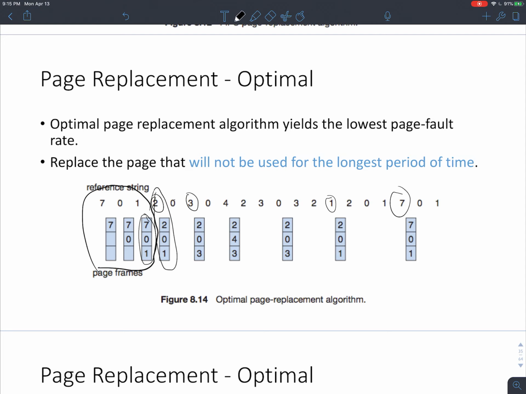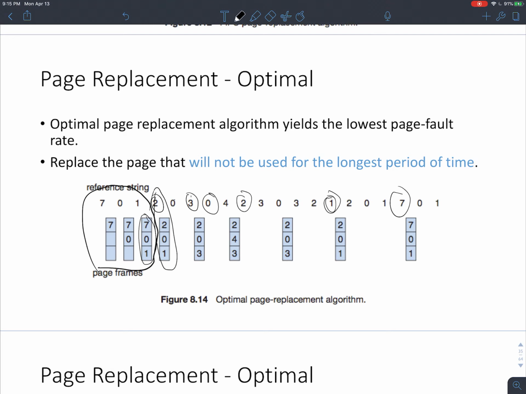Among these 3 pages, let's look at which one is not going to be referred for the longest time. 2 is going to be referred here, 0 is going to be referred here, while 1 is going to be referred here. So 1 is the page that is not going to be referred for the longest time. So we kick out 1 and load 3.